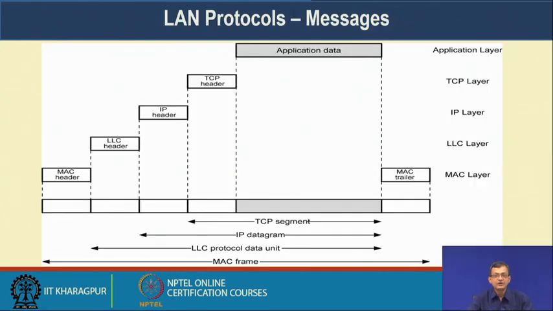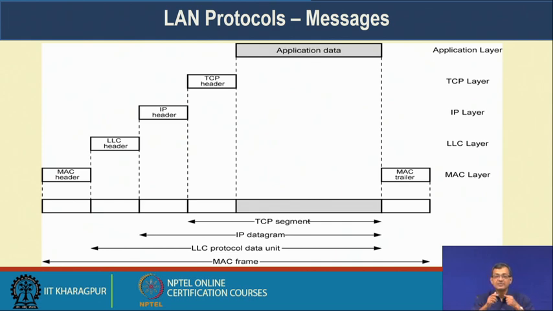Overall, let us look again at the protocol stack. We have the application data, which becomes a payload to the TCP layer. It adds its header, trailer, whatever it wants to add, and along with the TCP header becomes a payload for the IP layer, where the IP header is added.